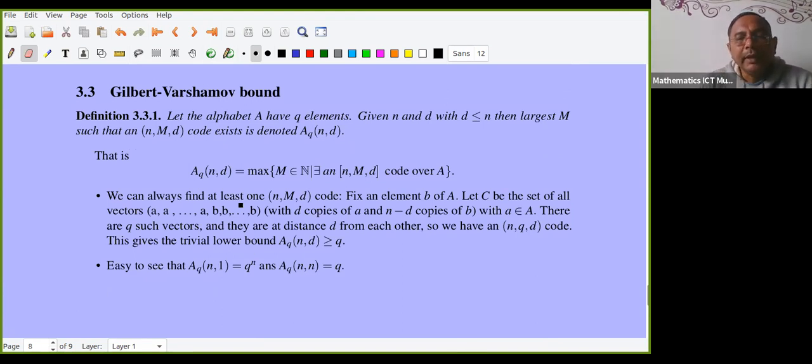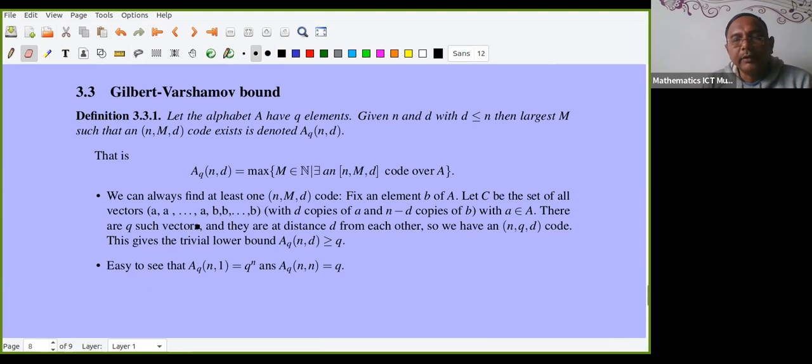We can always find at least one such code: fix an element b of A, and take the set of all words of the form a, a, a, b, b, b, with d copies of a and n minus d copies of b, with a belonging to A. There are few such vectors, right?